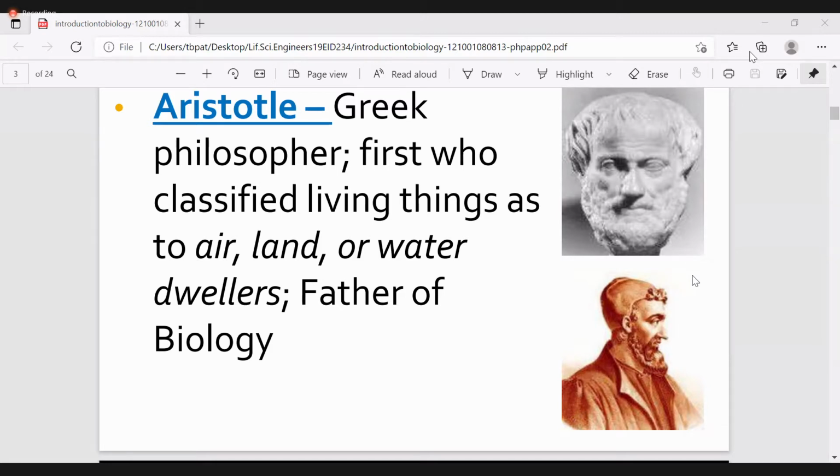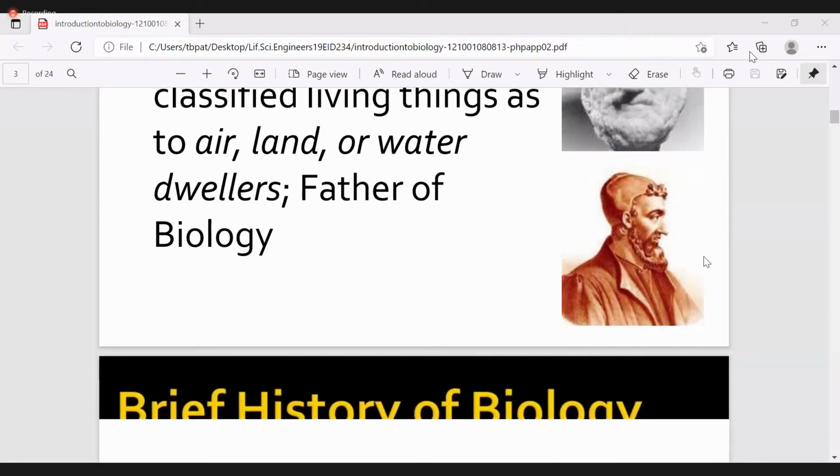The natural world of air, land, water all comes under the naturally occurring non-living things. Yeah, the great scientist Aristotle.